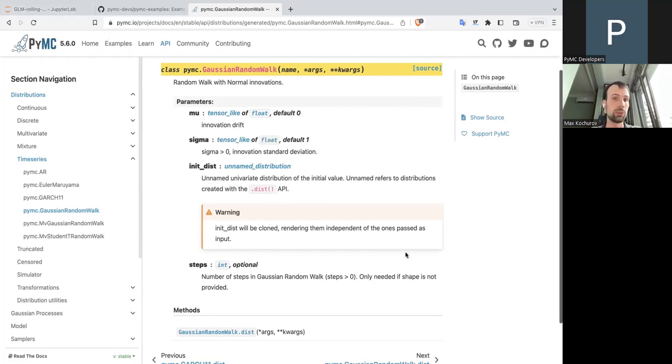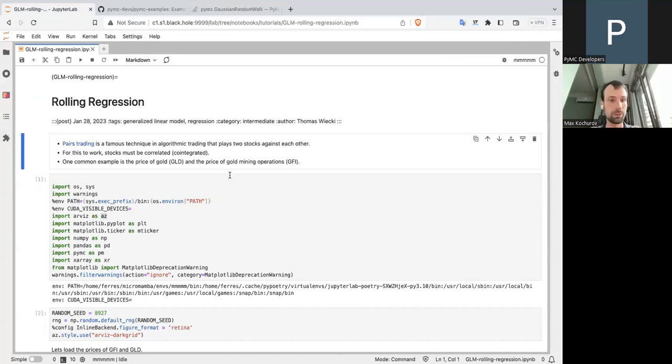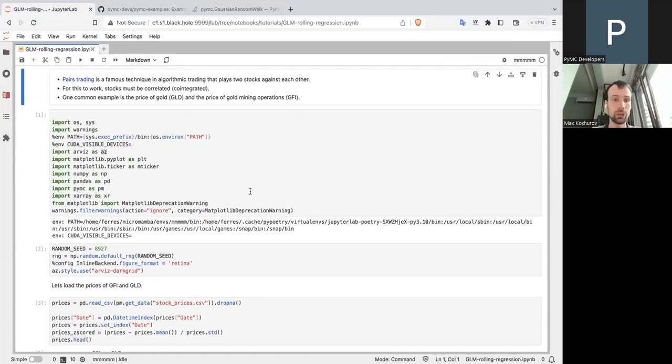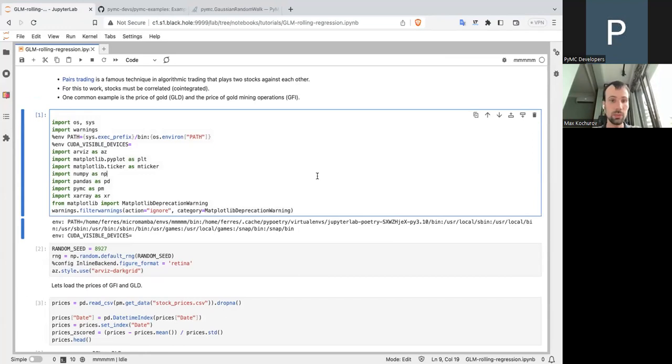So one way to improve this model is to replace the Gaussian random walk with Gaussian process. And this Gaussian process is very powerful to make this model sample quickly.